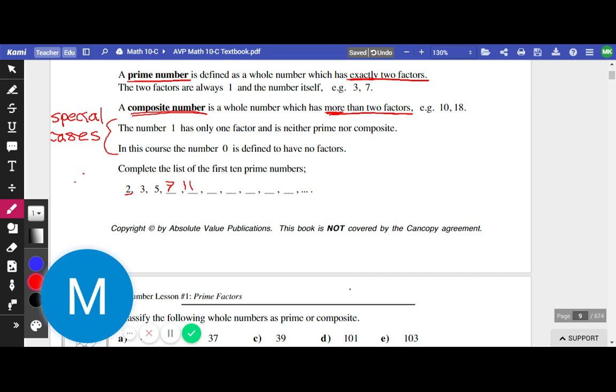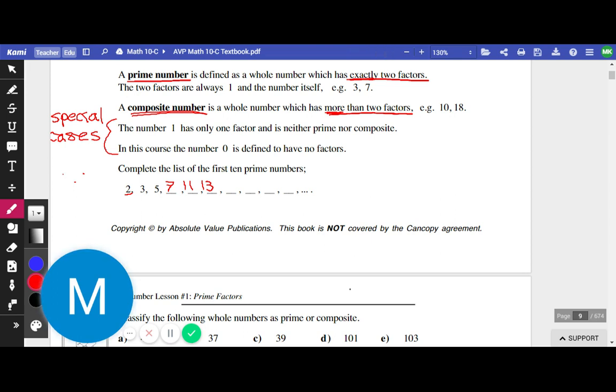Then 13 is a prime number. So now people again think, 3, 5, 7, maybe skip an odd number, then 11, 13. 15 doesn't work either, right? So the reason I keep saying that is because there is no pattern to prime numbers. If you think you found a pattern, you didn't. It'll be broken at some point.